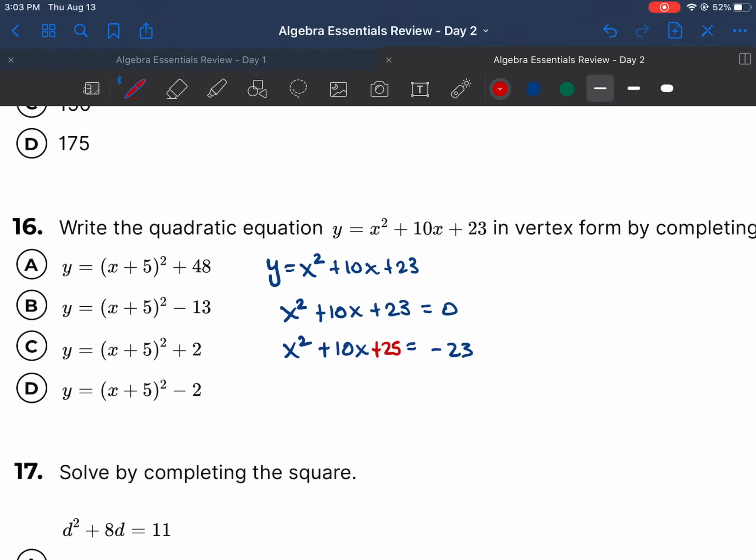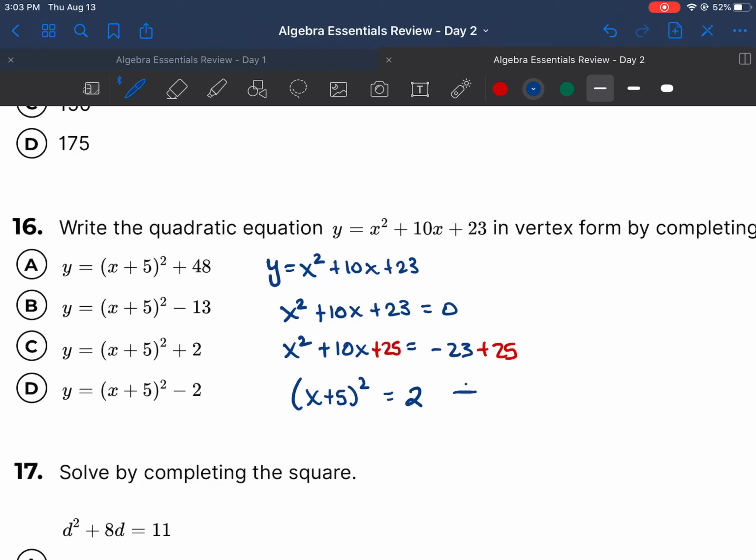However, if we add something to the left side of an equation, we must keep the balance and add that same exact thing to the right side. But now let's see what happens. x squared plus 10x plus 25, I can now rewrite as x plus 5 to the second power. If you were to factor that, you would get x plus 5 times x plus 5. That's why perfect square trinomials are so useful. On the right side, negative 23 plus 25 would give us positive 2.